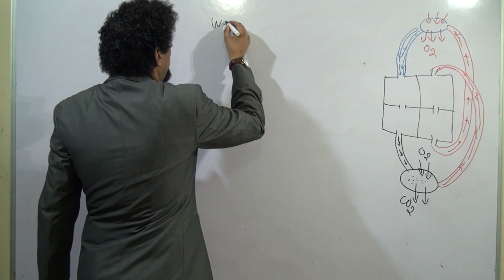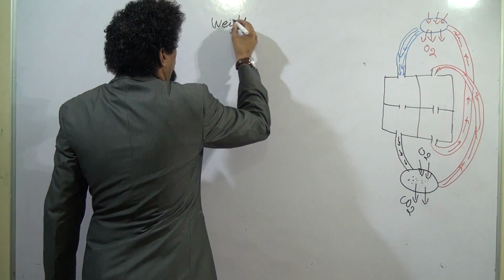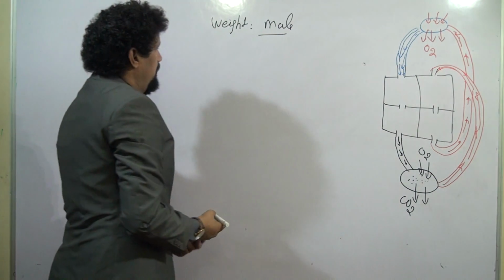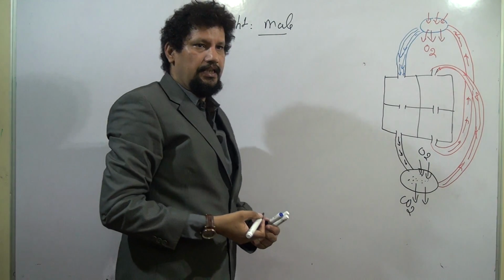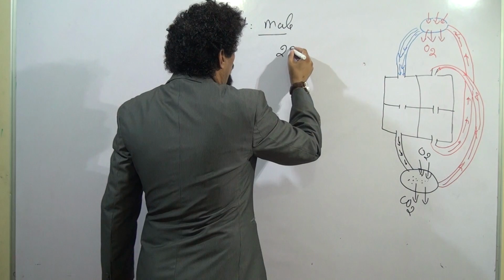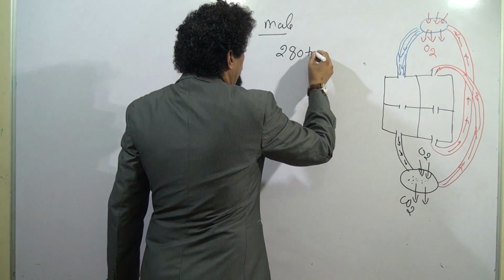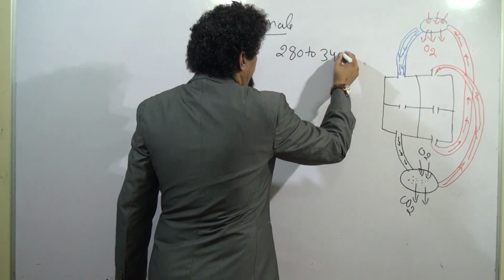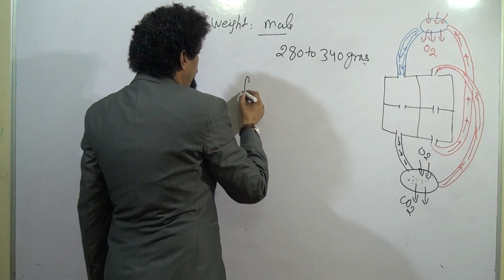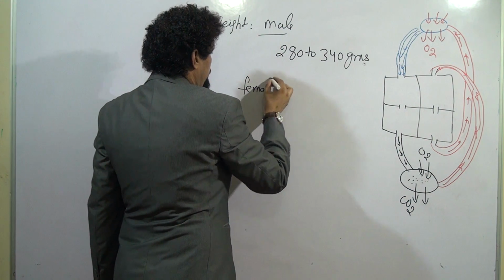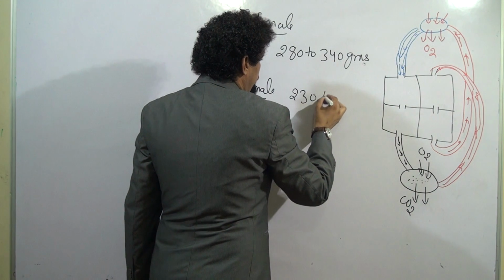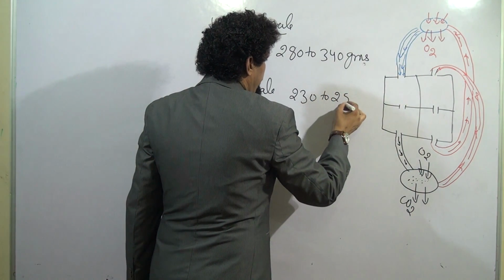Weight of the heart in case of male, everything is larger in males, it is 280 to 340 grams, and in case of females it is 230 to 280 grams.